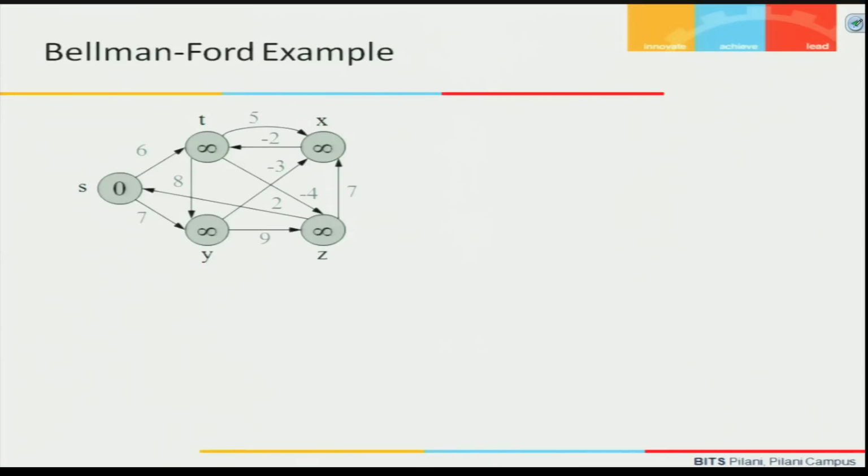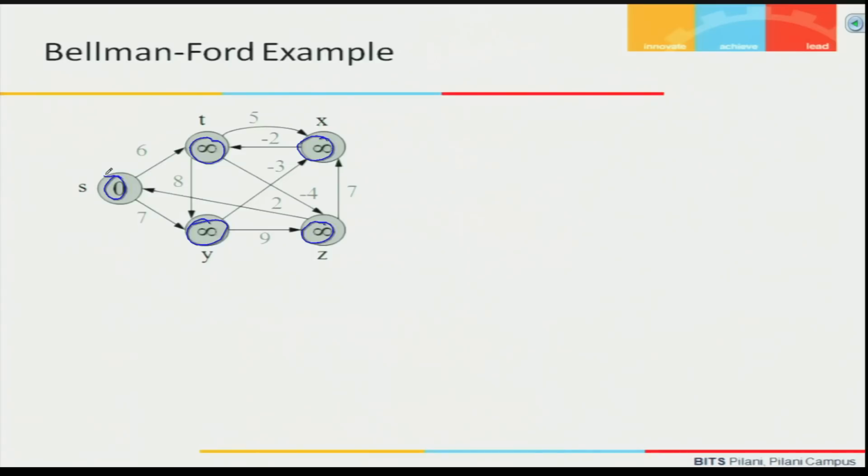Now, if you look at the following Bellman-Ford example, this is the source vertex. Initially, all the vertices other than the source vertex have their d values initialized to infinity. The d value of s is initialized to 0.